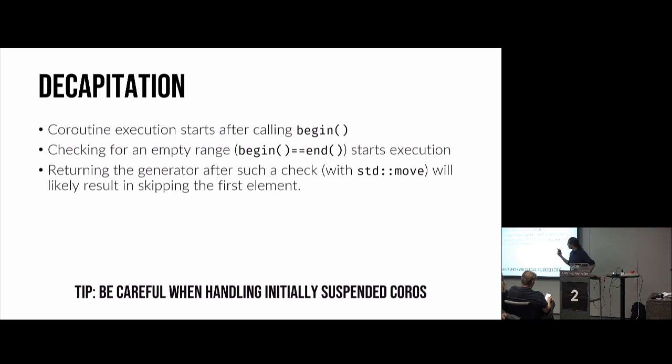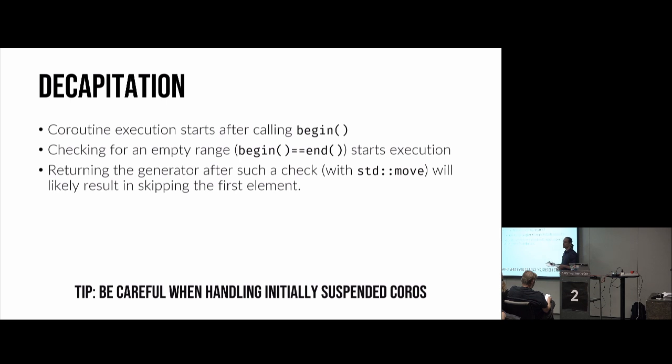Another problem, I don't know if it has a better name, I just call it decapitation. And it has to do with the fact that coroutines don't actually start execution until you call begin. So when a coroutine returns an object of some generator type, that generator type is in a state where it hasn't begun execution yet.